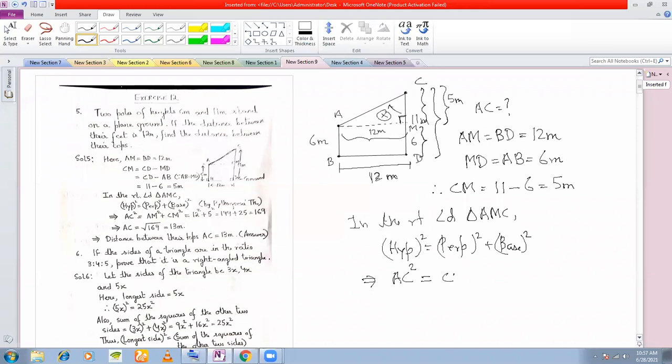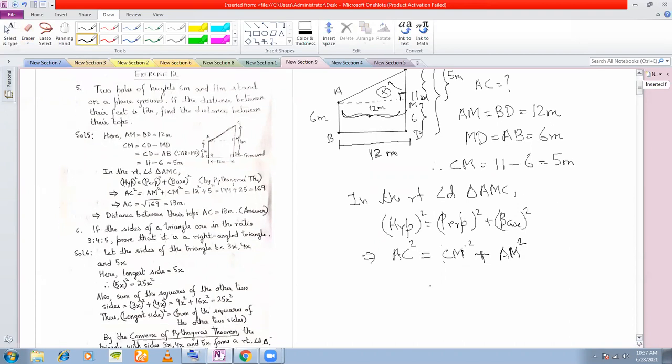So CM square plus, let's not give brackets. Without brackets also it will do. CM square plus base square. Base is this length, AM. Okay, so now put the values. CM, how much do you know?